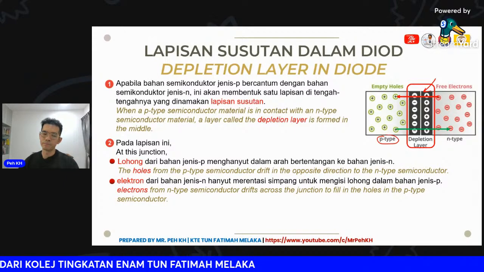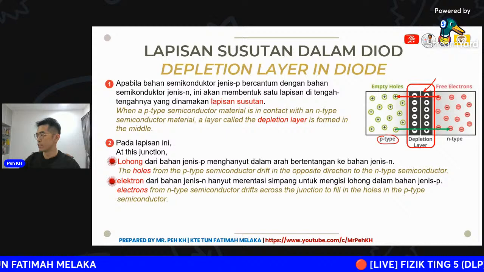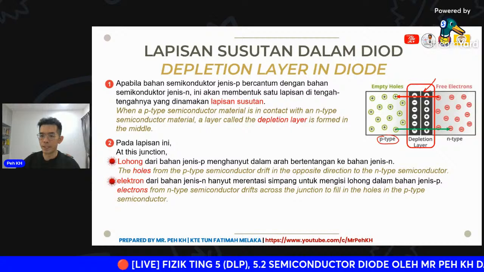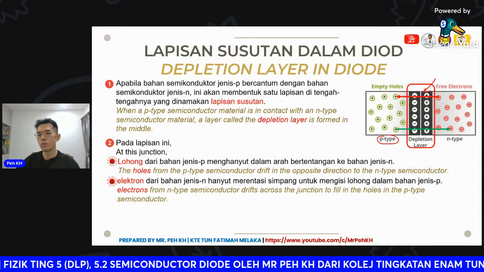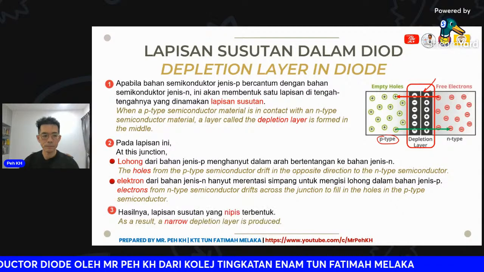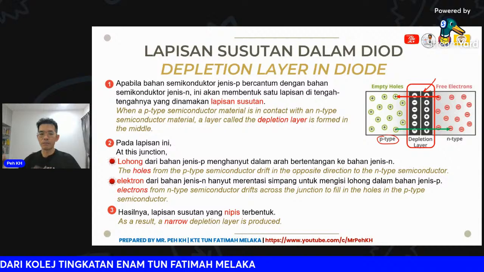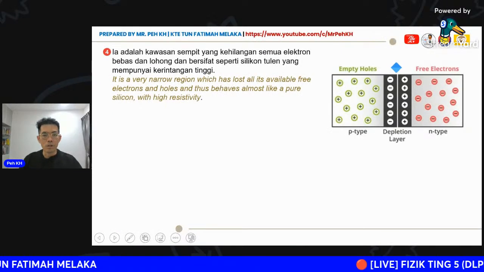When the energy provided is enough, the electron will move from the N-type to the P-type semiconductor. On the other hand, the hole will move from the P-type semiconductor to the N-type semiconductor. As a result, the depletion layer becomes narrow.